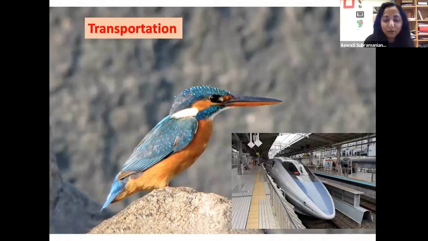So one very famous example of a biomimetic design is the Japanese bullet train that was designed by an engineer who was in the transportation system in Japan, but he was also an avid bird watcher.